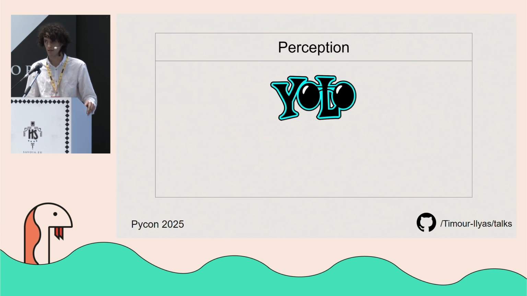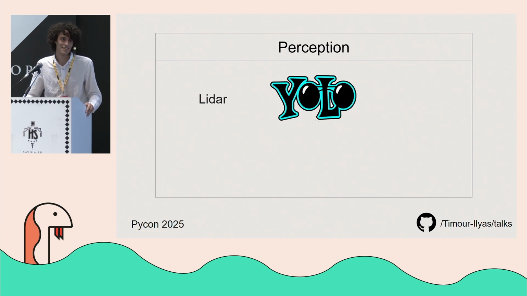And YOLO is the best one for this kind of ratio. But nowadays, the standard is not only using YOLO, but also using LiDAR, so a simple radar that allows the car to find objects not by using a computer vision model, but by these technologies. And nowadays, we can say that any company uses LiDAR as a standard and also YOLO or variations of it.